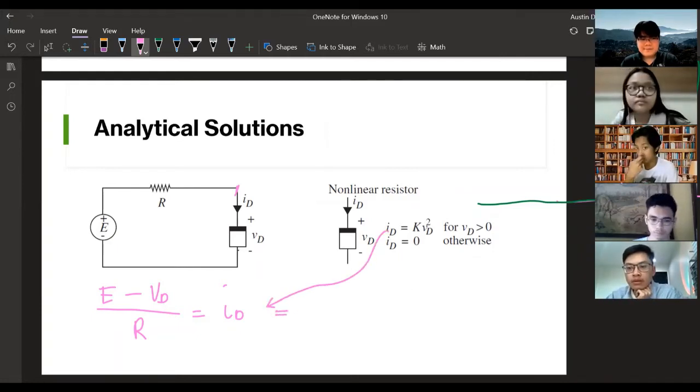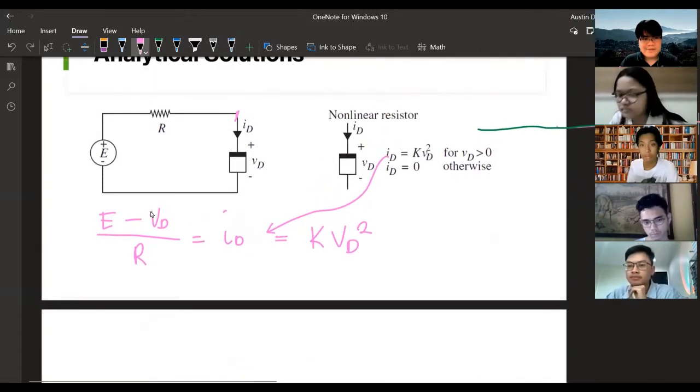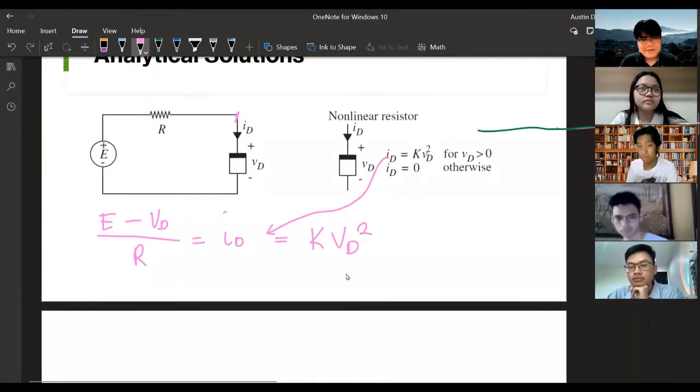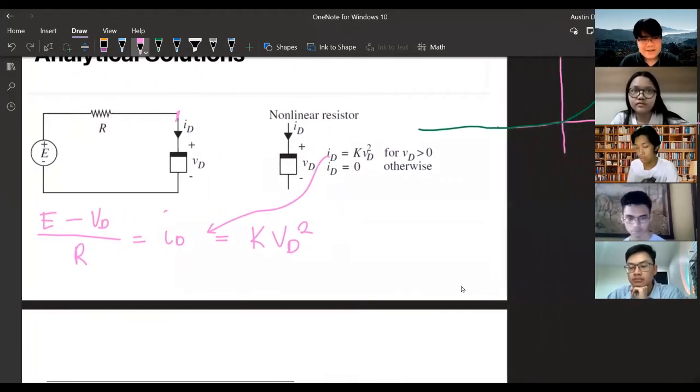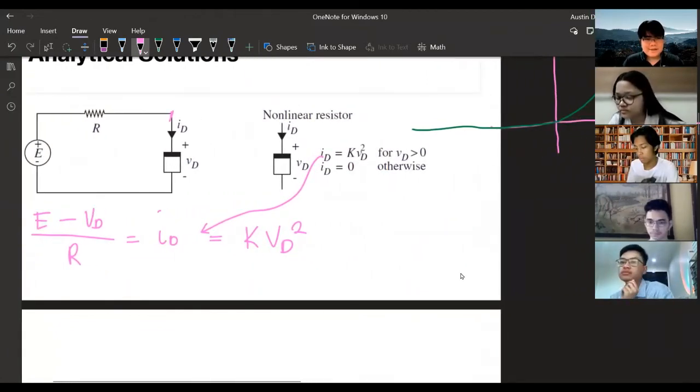So, I just write them down. Okay. So, meron tayong VD on the left-hand side and VD on the right-hand side. Ayusin lang natin lahat-lahat. We actually get something like this.